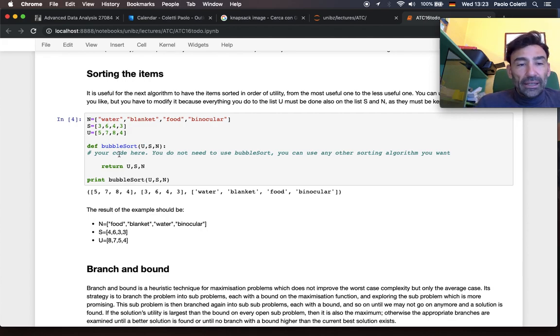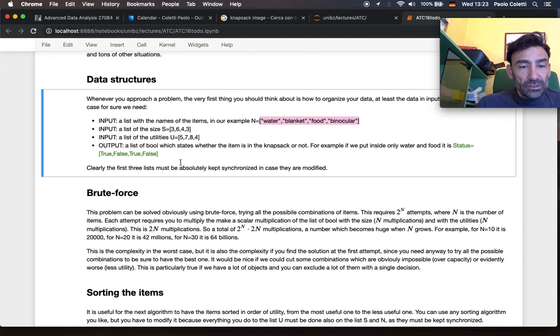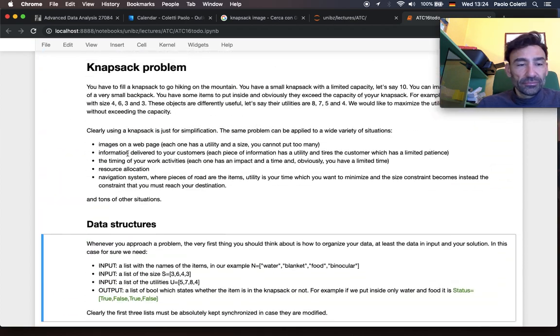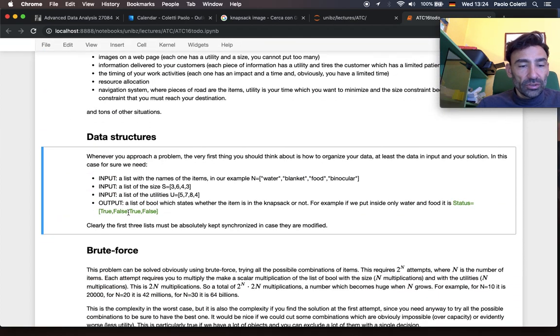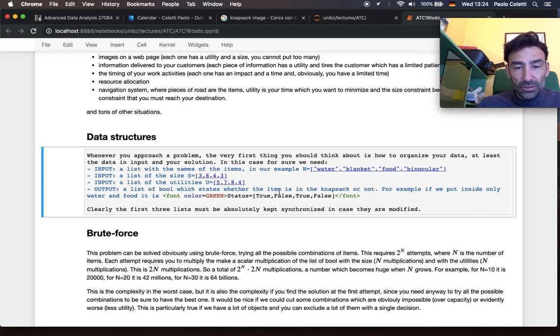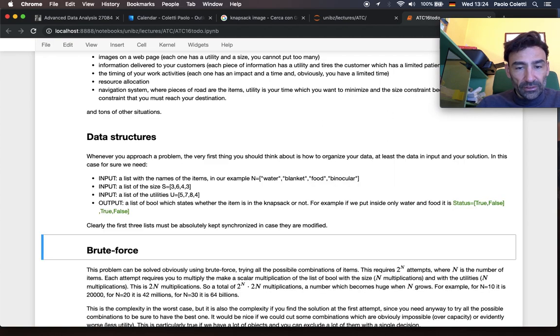Then we have a data structure in which we store whether the item is chosen or not. We can make it also partial. You can also make it like this, true, false.